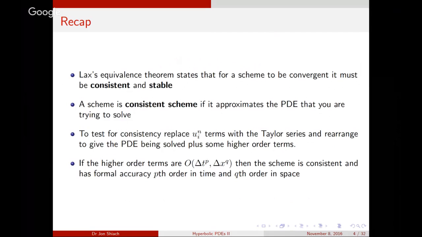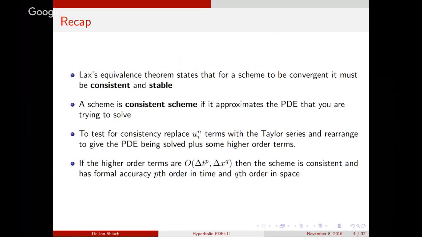Just replace it with Taylor series, do some simplification, and you should get back, in our case, the advection equation plus some error terms. If you get something which shouldn't be there, it means your finite difference scheme is not solving the equation you thought it was solving, and you've gone wrong somewhere. So consistency is fairly easy to show.